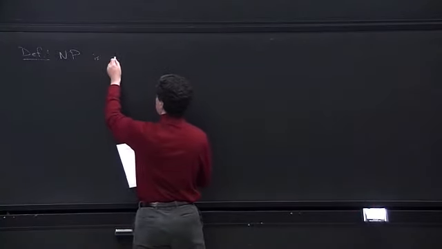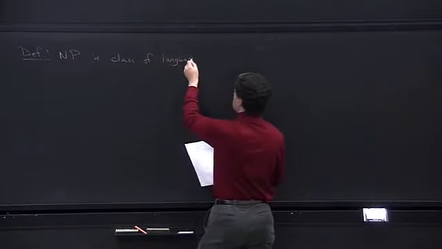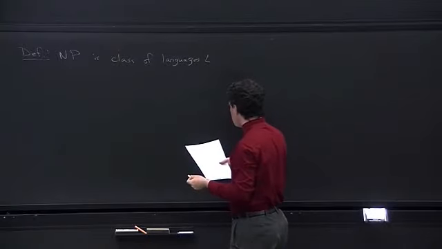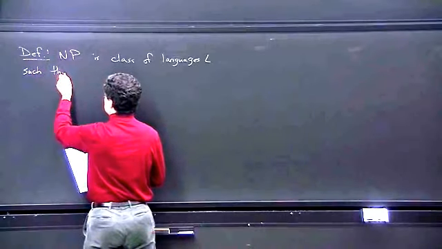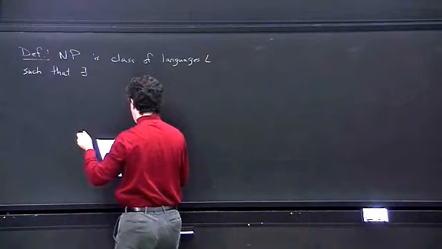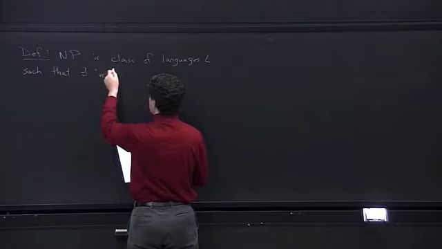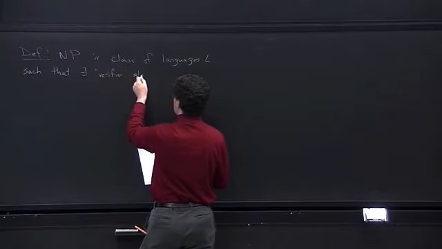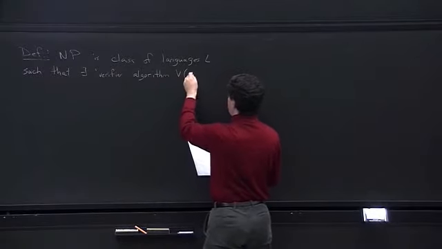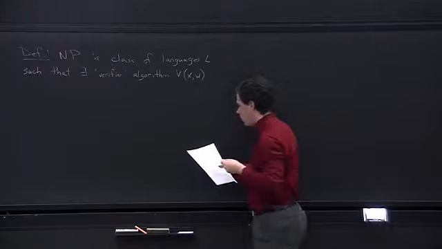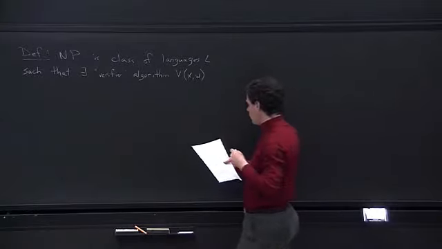So it's a class of languages that have the following property. There's supposed to exist a verifier algorithm, and this verifier takes two inputs, x and w. So x is going to be the instance, and w is another number.